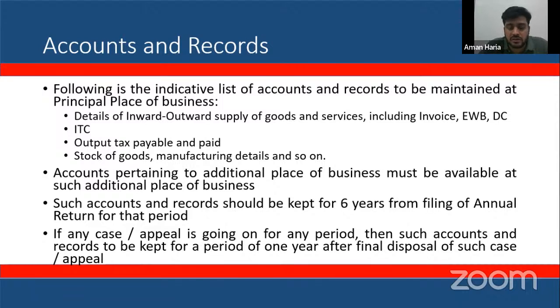So again, having a computer access may suffice. If being at additional place of business, using your login IDs, you can access the system and have these details readily accessible, then those conditions are automatically satisfied.